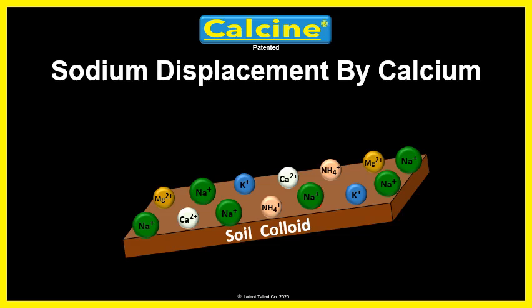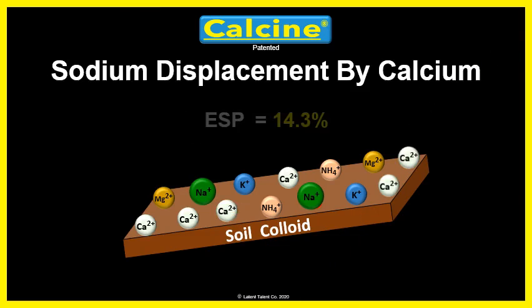Free calcium ions produced by calcine's effect on calcium carbonate will displace sodium ions from the soil colloids. This soil is now much more productive.